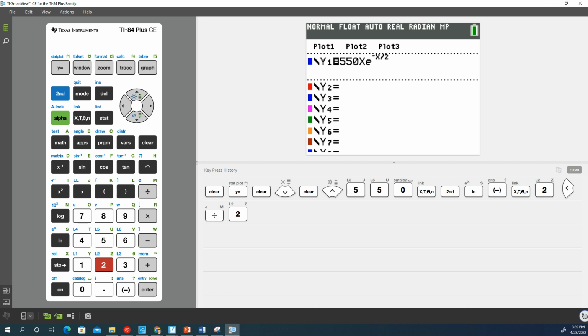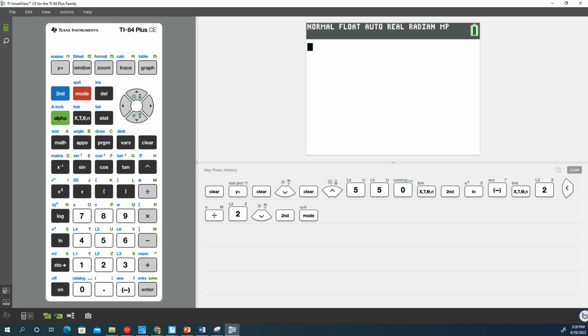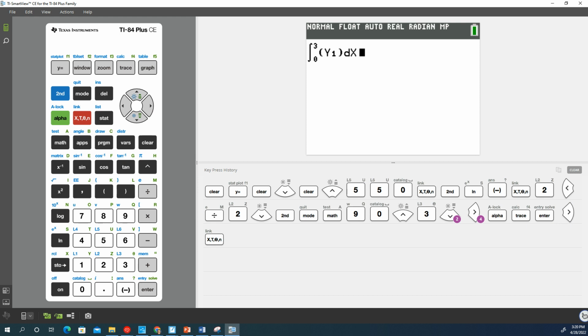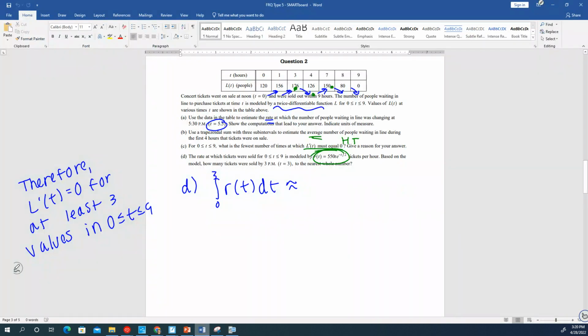Good. Math 9, 0 to 3, Y1 with respect to x. 973 gets rounded to the nearest whole number. 2 points for that: 1 point for the integral, 1 point for the answer.